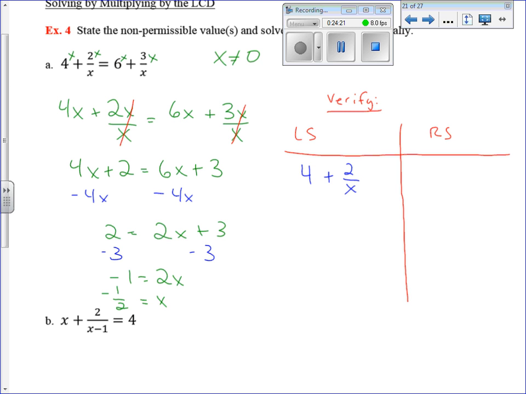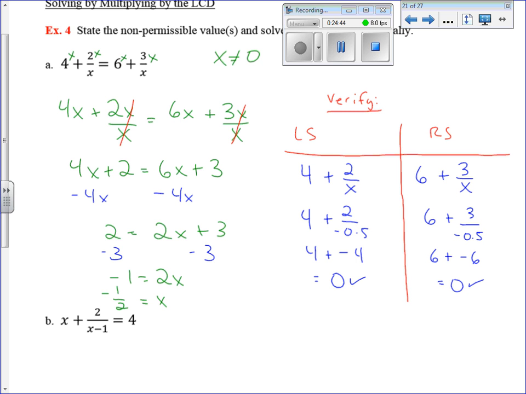My right side is 6 plus 3 over x. So 4 plus 2 over negative 0.5 is 4 plus negative 4, which is 0. 6 plus 3 over negative 0.5 is 6 plus negative 6, which is 0. Left side equals the right side, so my answer is right.